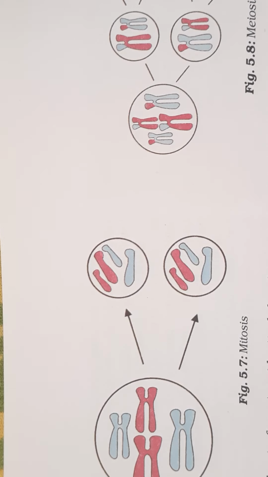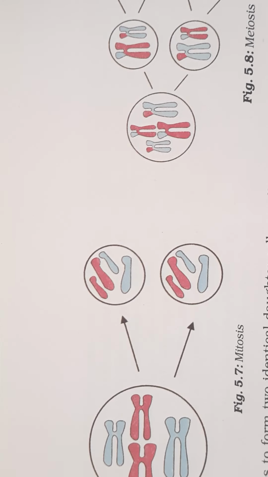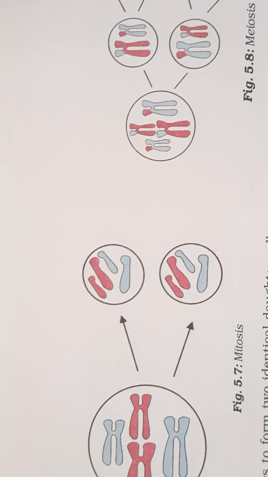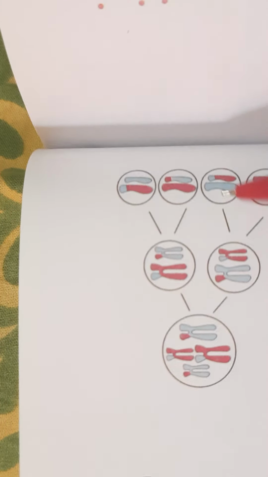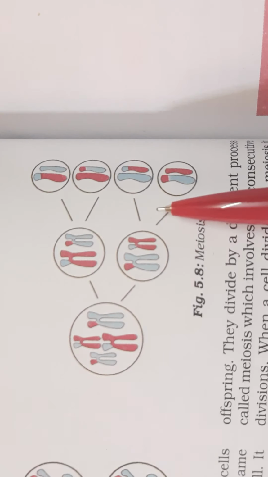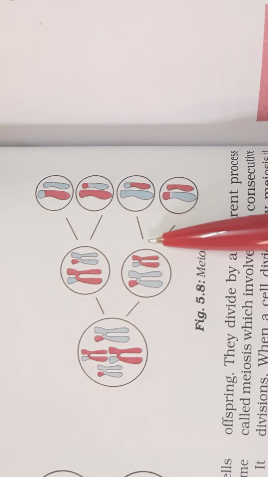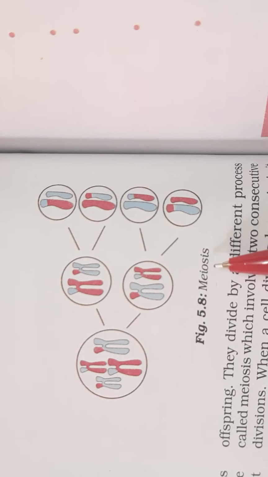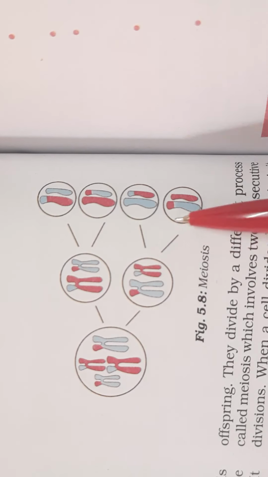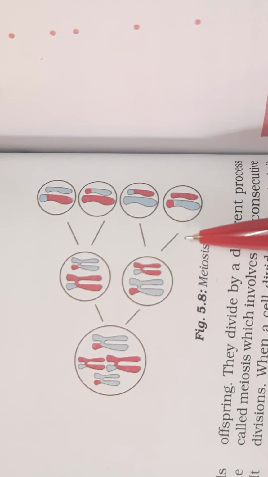Whereas specific cells of reproductive organs or tissues in animals and plants divide by meiosis. After fertilization, they give rise to the offspring. You have studied this. Meiosis is a different process of division.